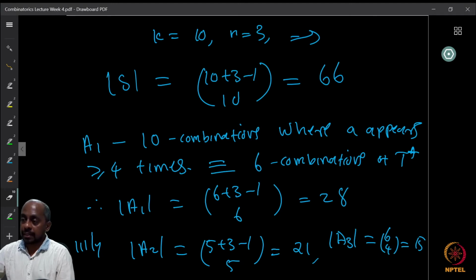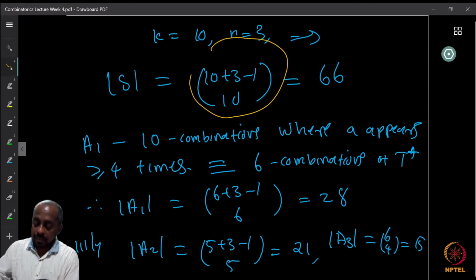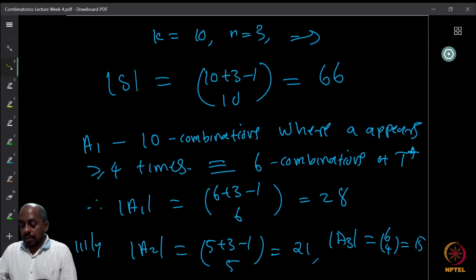We want to count S. That is k plus n minus 1 choose k, which in this case is 10 plus 3 minus 1 choose 10, which is basically 12 choose 10, which is 12 choose 2 also, which is 66. That is easy to compute.